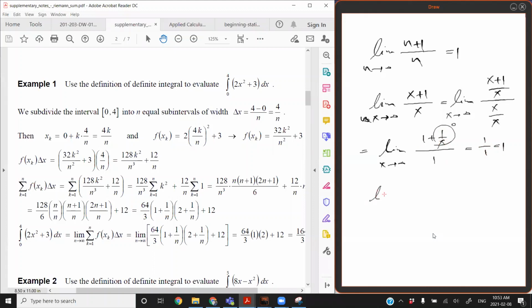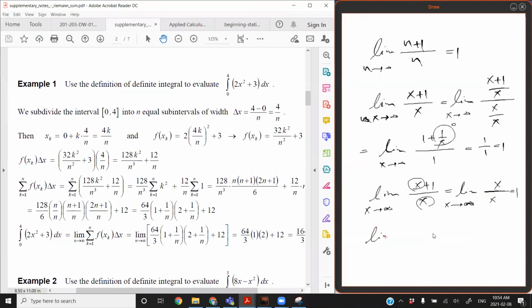Another method that you may have remembered from last semester was something called the dominant term technique. The dominant term technique says that this limit is going to be as long as x approaches infinity. This cannot be used for any limit. Only when x approaches infinity or minus infinity, you can say the dominant term on top is x and at the bottom is also x. So this is 1.